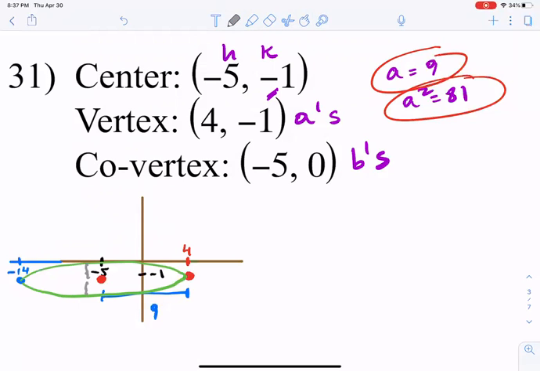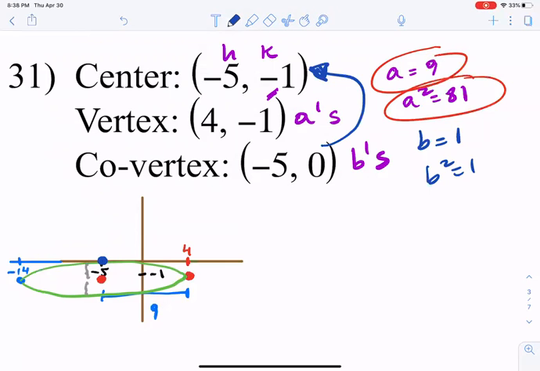So that means that point is right here, (-5, 0). So what's the length of B? Well, you just went 1 unit up, right? Because you were at (-5, -1). So you just went 1 unit up. So that means B equals 1. If you're confused, look at this one, from 0 to 1. So B squared is 1. So that's it. That's the end of the problem.